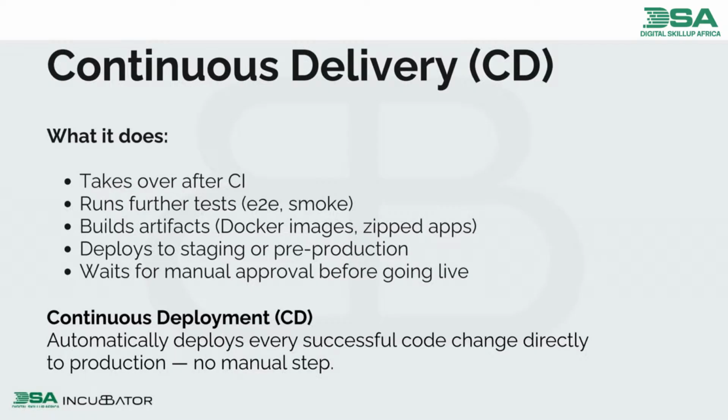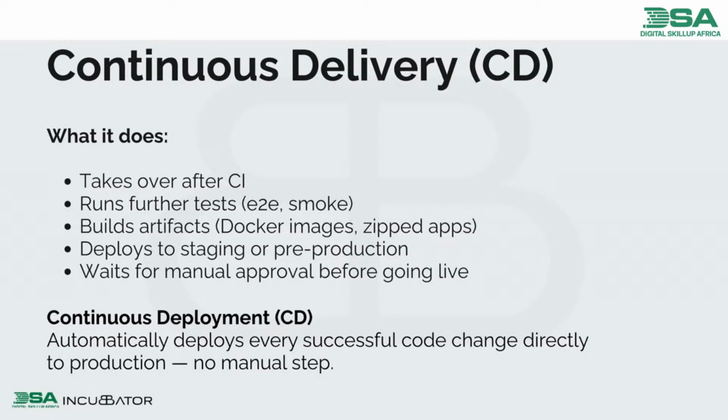Once you push to a particular branch, say your main branch, or in some cases, if you have legacy code, your master branch, every other automation is kicked off till you actually have something that is live for your customers to see and interact with.